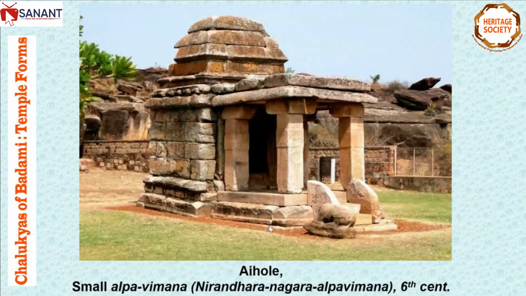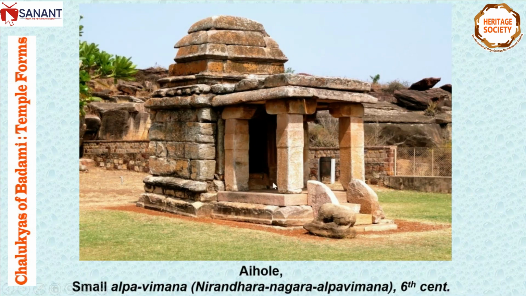This is perhaps one of the earliest Dravidian temples to be built in the region of the Chalukyas. You can see it represents an Alpa Vimana. Nirandhara, because it doesn't have an internal pradakshina patha. And it is Nagara because its roof or shikhara is actually square.